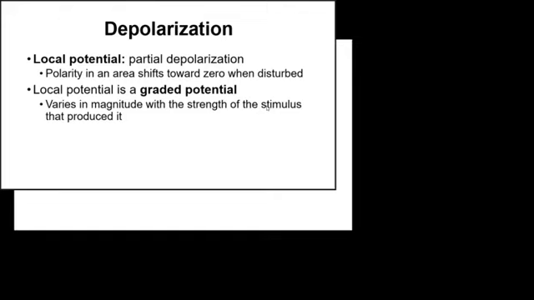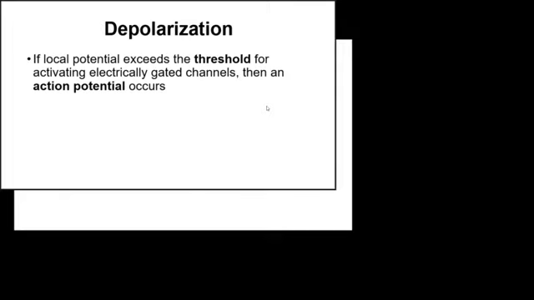So this is called a graded potential because it can be graded higher or lower depending on what it's receiving. And so as I said, we're looking to hit a particular threshold that triggers a larger scale response, which I included a slide for.